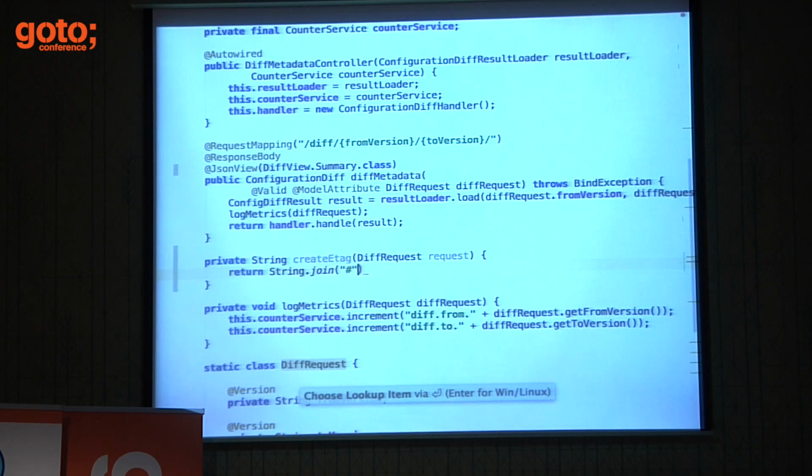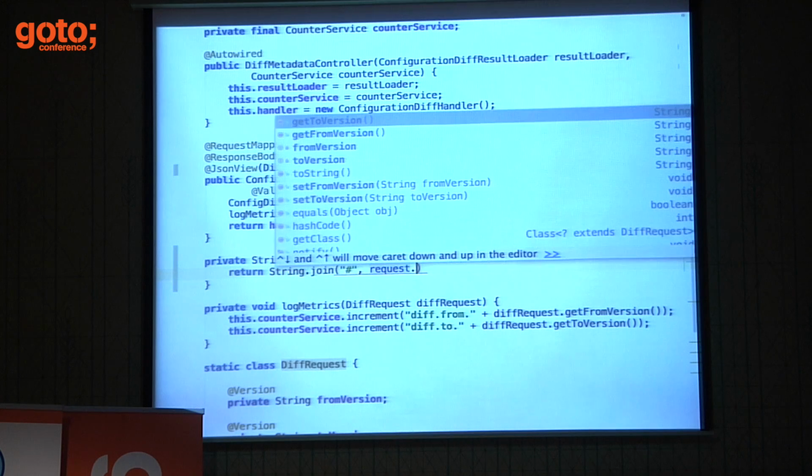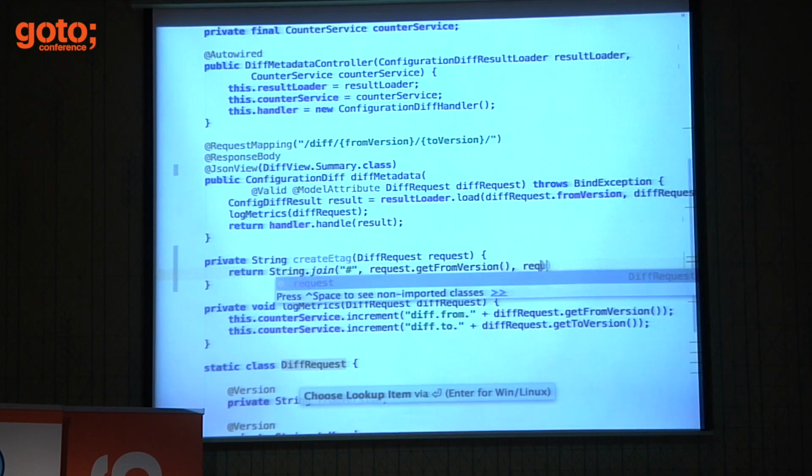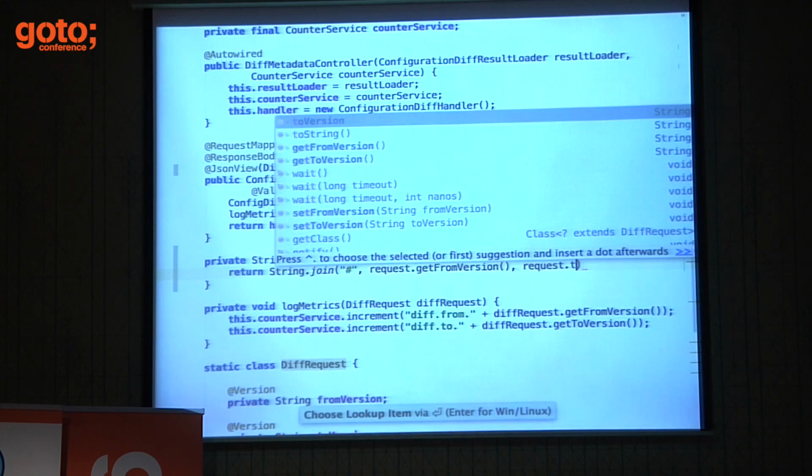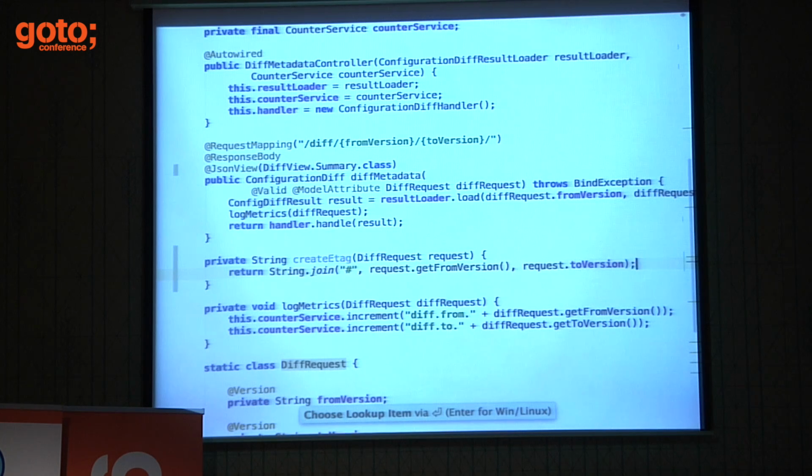We'll join them with a hash, and then we'll get the from and then the to version, and concatenating both should create somehow a decent ETAG.